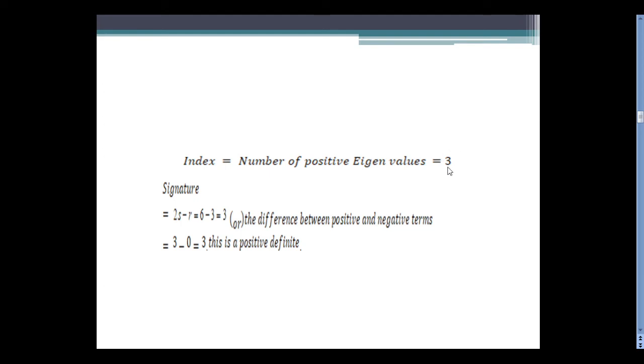We got only positive eigenvalues and there are no negative terms, so 3 minus 0 gives 3. Using the other formula, 2s minus r, where s is the index: 2 into 3 is 6, the rank is 3, and 6 minus 3 is 3. So both answers are the same. Since all eigenvalues are positive, it is positive definite.